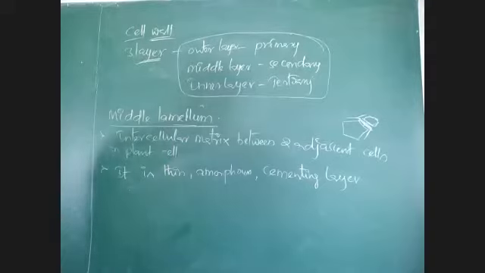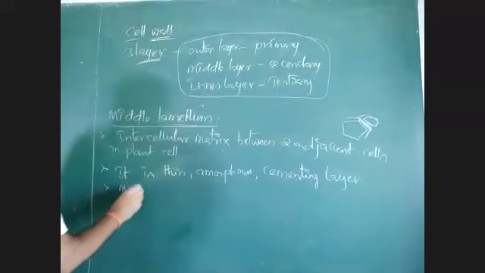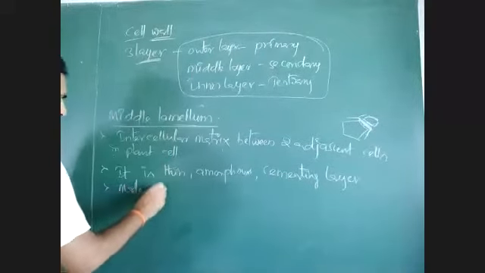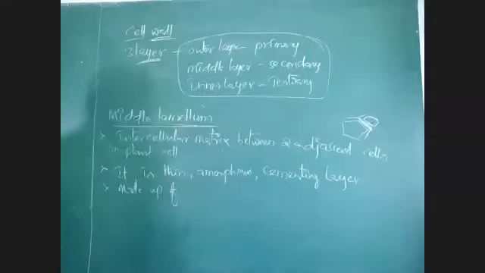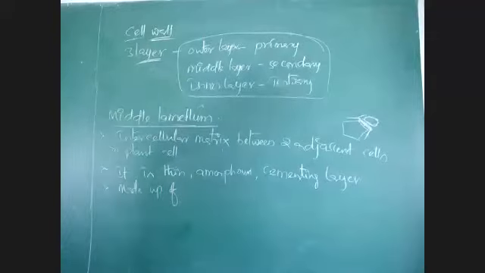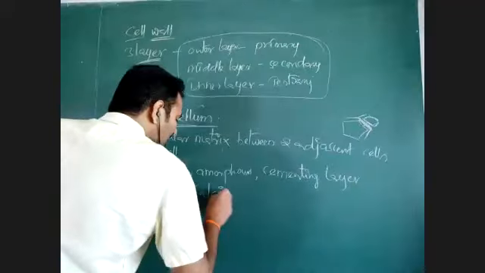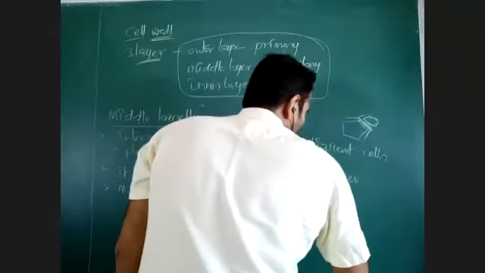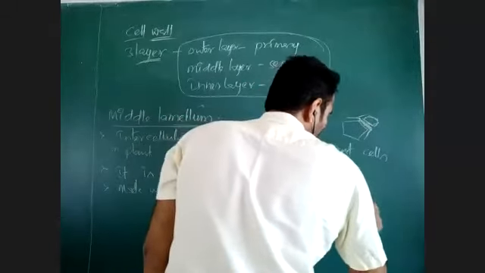The cell wall, I told you, is made up of cellulose, hemicellulose, pectin, like that. The middle lamellum is made up of calcium and magnesium pectate.